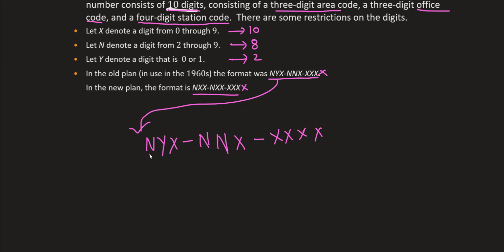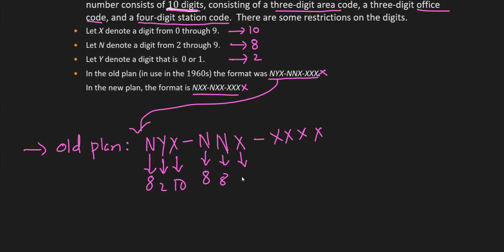So N we know can be represented 8 ways, Y can be represented 2 ways, and X can be represented 10 ways. So this is the old plan. Likewise, N can be represented 8 ways, and X can be represented 10 ways, and for this again we have 10, for this again we have 10, and this again we have 10.